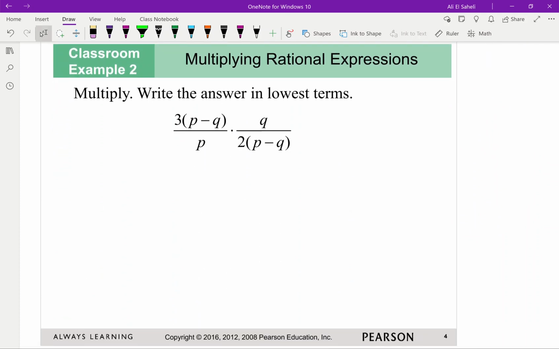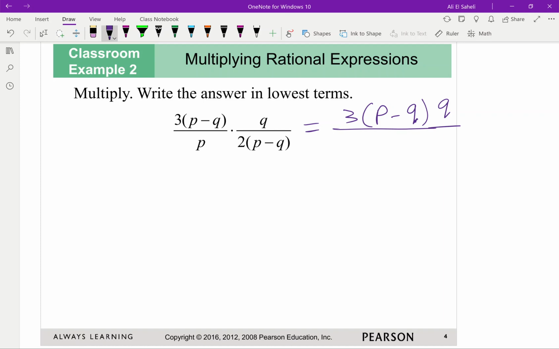Alright, multiply, then write in lowest terms. Multiply numerators, so we have 3P minus Q times Q. Okay, just to make sure I write the Q different from the 9.